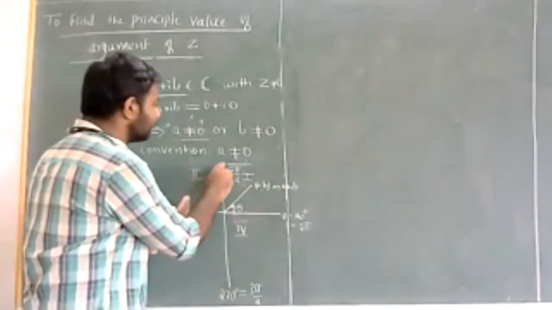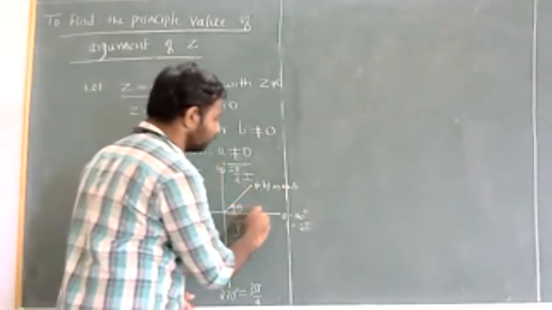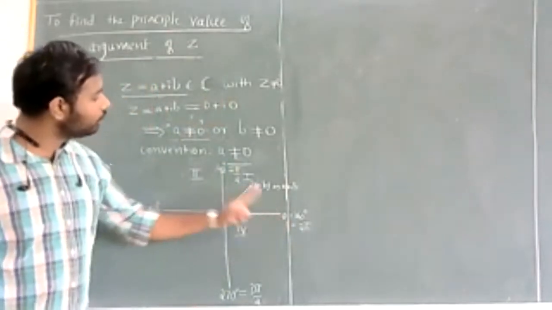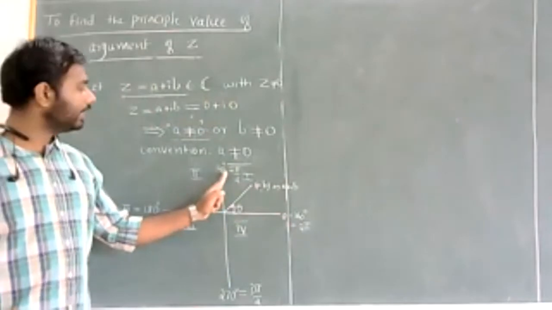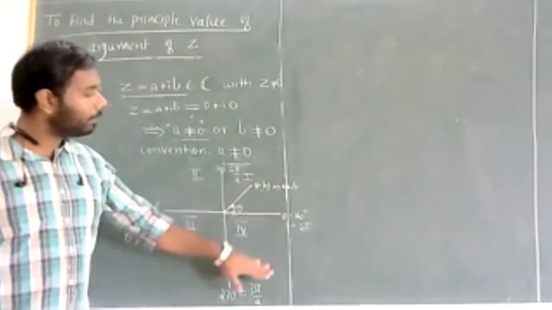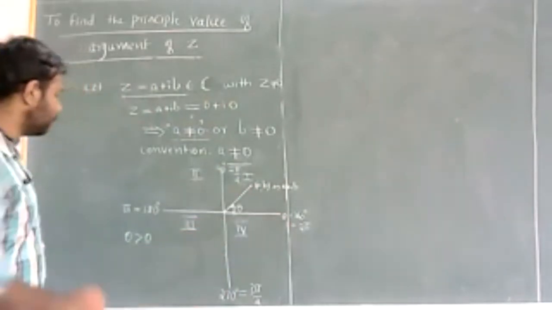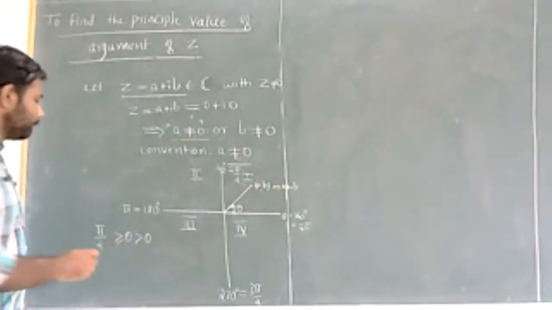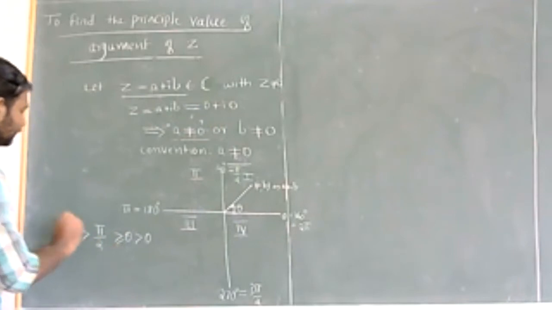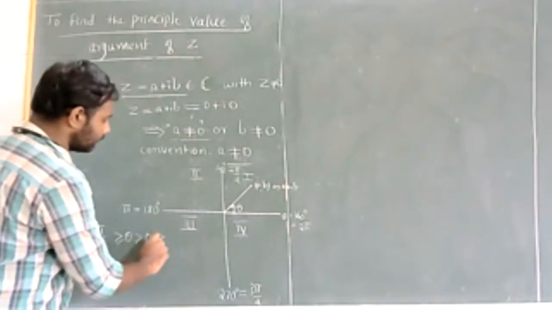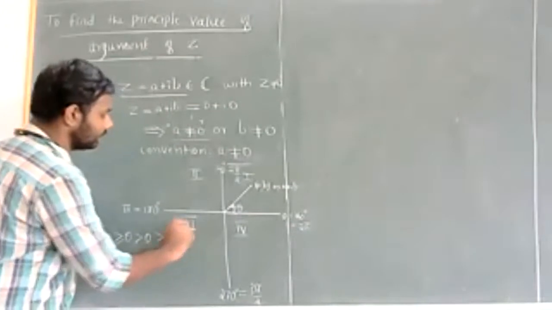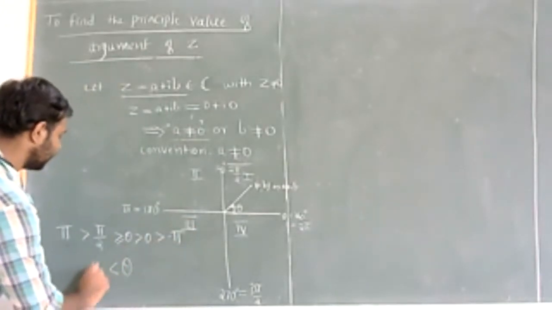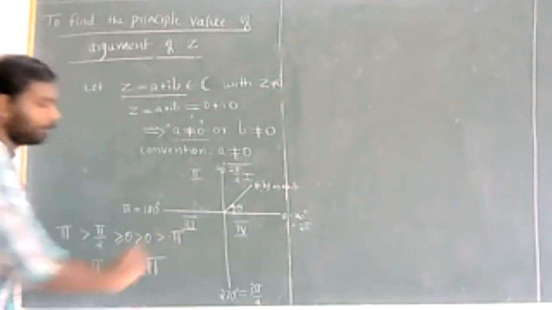So if I consider only the first quadrant, obviously this theta will be between 0 and 90. It cannot exceed 90 and it cannot be below 0, right? So it is less than pi by 2 or it could be equal to it, and obviously it is less than pi, and 0 is obviously greater than -pi. So this theta in fact lies between -pi and pi.